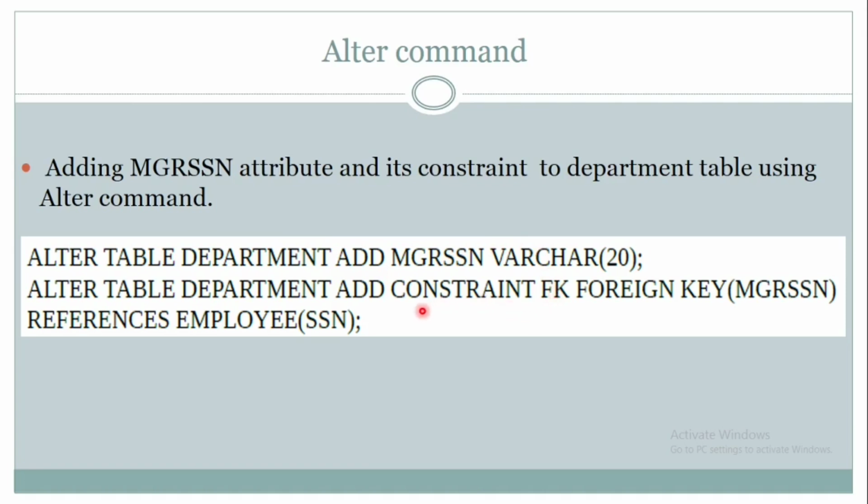So we are adding the constraint called foreign key, and fk is the constraint name, then foreign key manager SSN refers the SSN from the employee table. So this is how we added this manager SSN using an alter command.